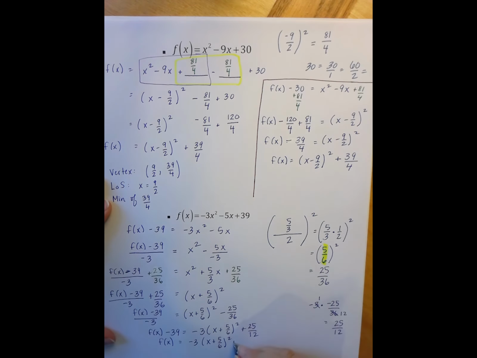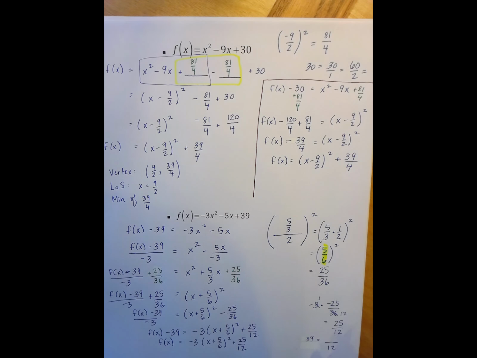Now, when I move my 39 over, remember, I'm adding 39. I'm going to want my 39 to equal some number over 12. Well, in order to get 39 to be some number over 12, I have to multiply 39 by 12.